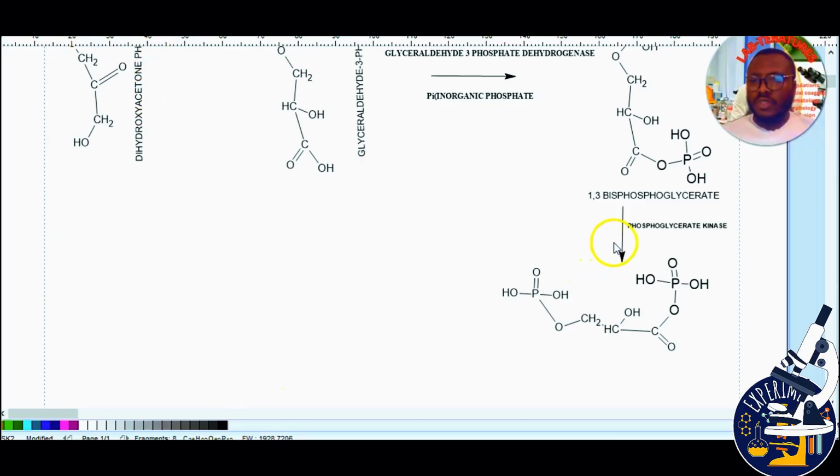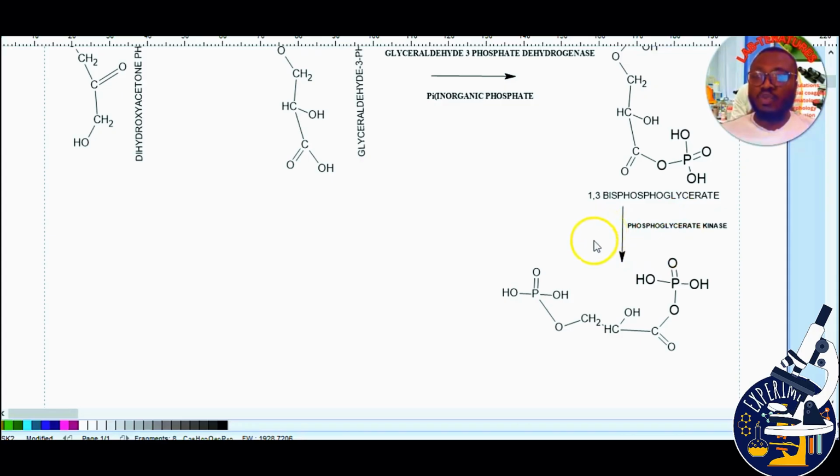And what you should also know about this step of the glycolysis pathway is that because we are going to remove a phosphate group from this structure, there needs to be an ADP, that is adenosine diphosphate, which will receive the phosphate group to form the ATP. So this phosphoglycerate kinase will come along with ADP.